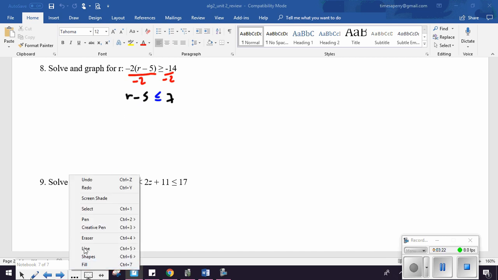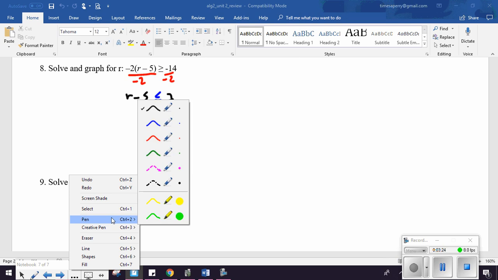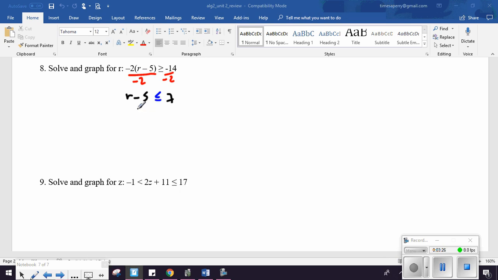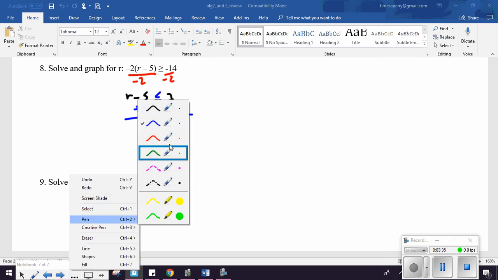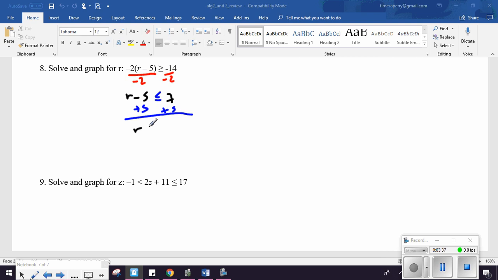So now I need to, lastly, add 5 to both sides. So I would have r is less than or equal to 12.